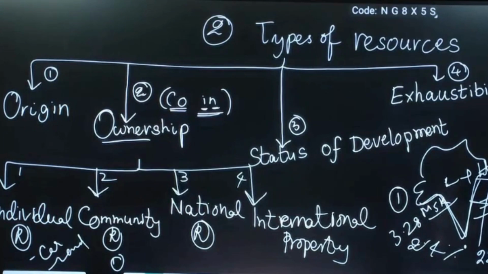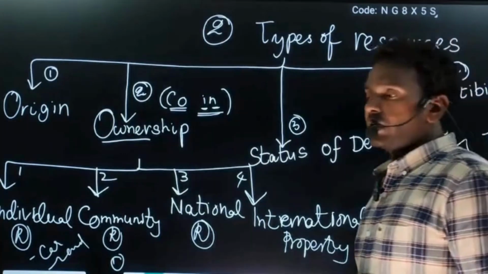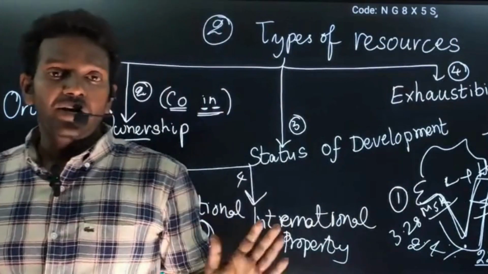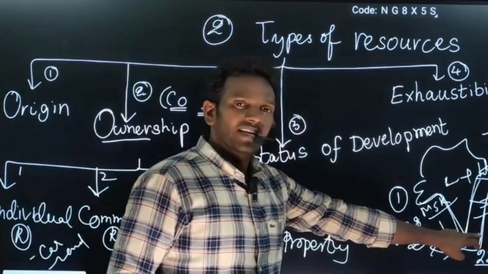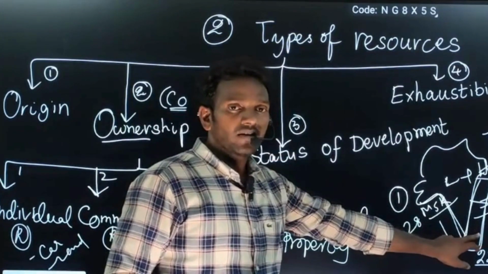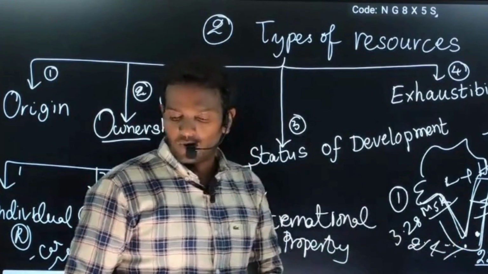Up to 22.2 km, it is considered a territorial boundary for any country. What is that? Territorial boundary. Up to 22.2 kilometers, we can utilize it. It is considered a border for the particular country. See here, it also comes under national property. Up to where? Up to 22.2 kilometers. Is it clear? Okay.